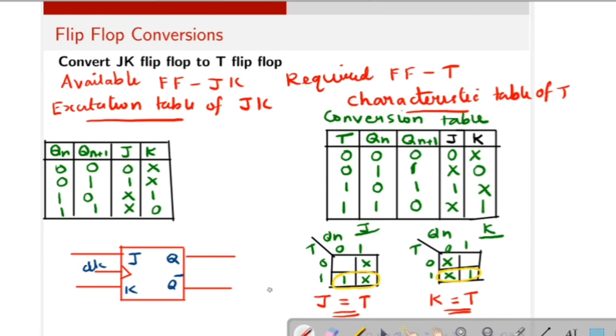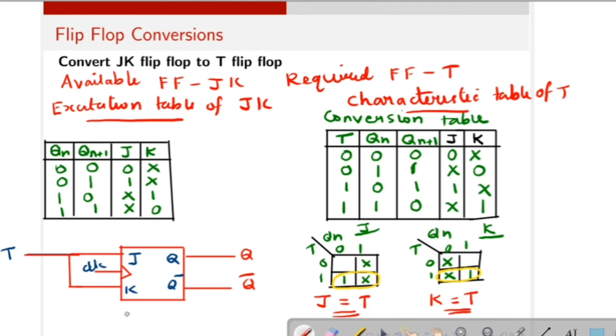Then here we have the T input. J is equal to T itself, and K is also equal to T itself. So T is connected to both J and K inputs, and here we have the outputs Q and Q bar. So this is the T flip-flop from JK flip-flop. So this now functions as a T flip-flop.